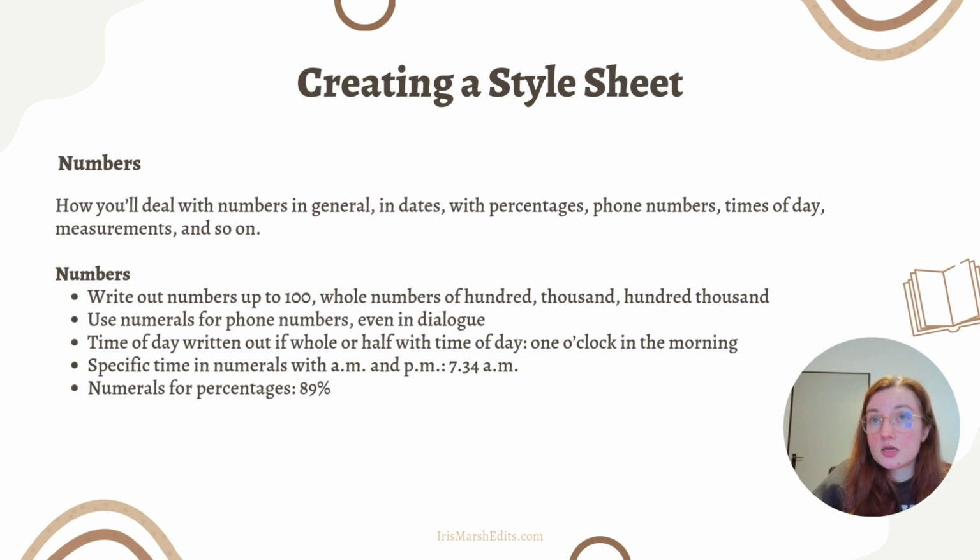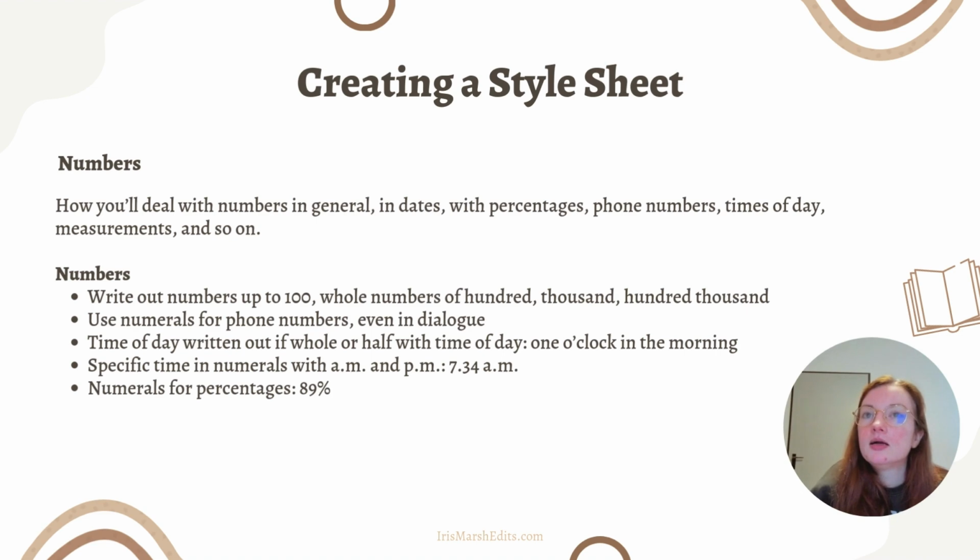So here is another example. In this example, I used the general rule: write out numbers up to 100. Then use numerals for phone numbers, even in dialogue, because writing out phone numbers in dialogue is not great, although you could.